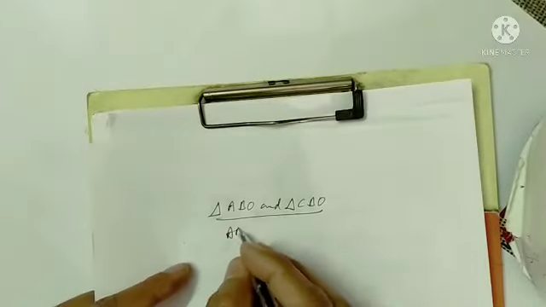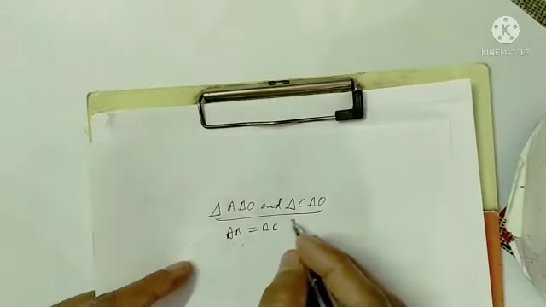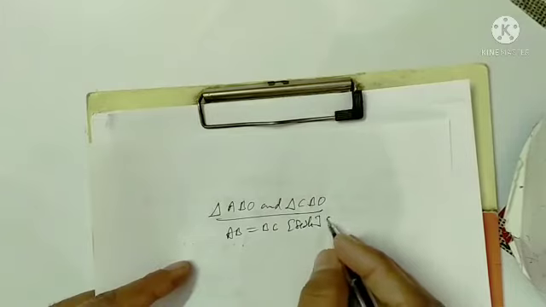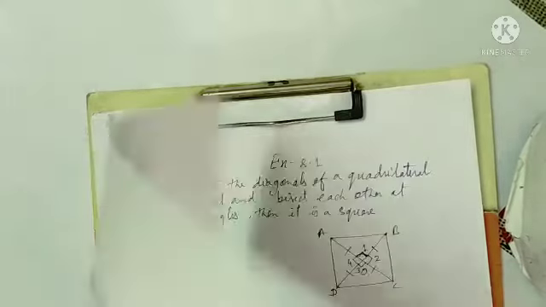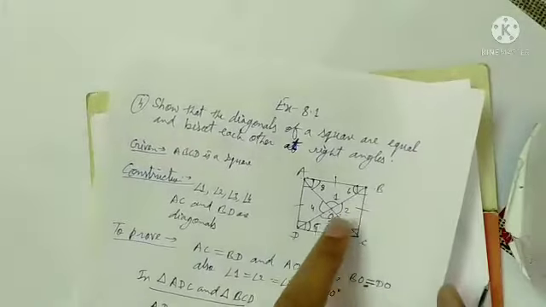AB is equal to BC, given, this is a side. And then AO is equal to CO, we have proved just now.